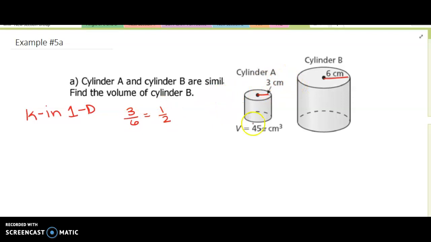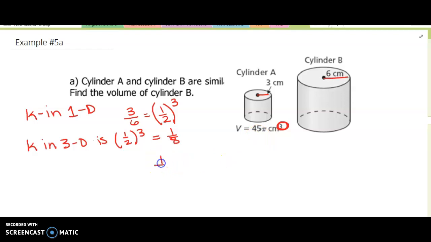Okay. Now, I'm going to volume, and volume is always cubed. Okay, so that's the exact same thing as I'm going to do here, is cube it. So I can say my scale factor in 3D is 1/2 cubed, or 1 cubed over 2 cubed, which is just 1 over 8. Okay, so now I can set up a proportion.